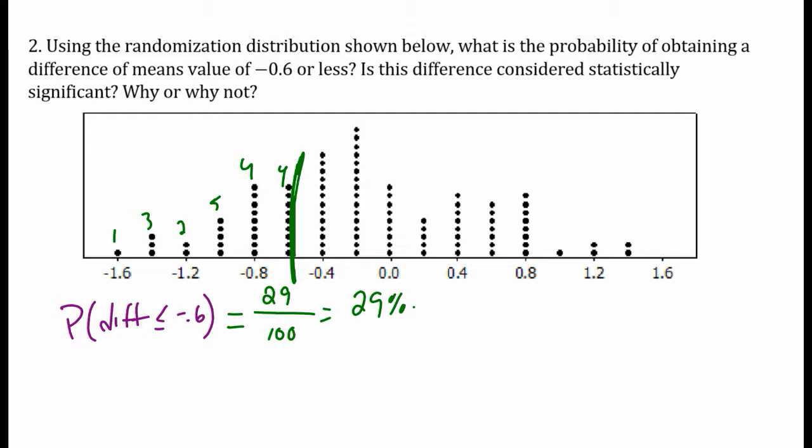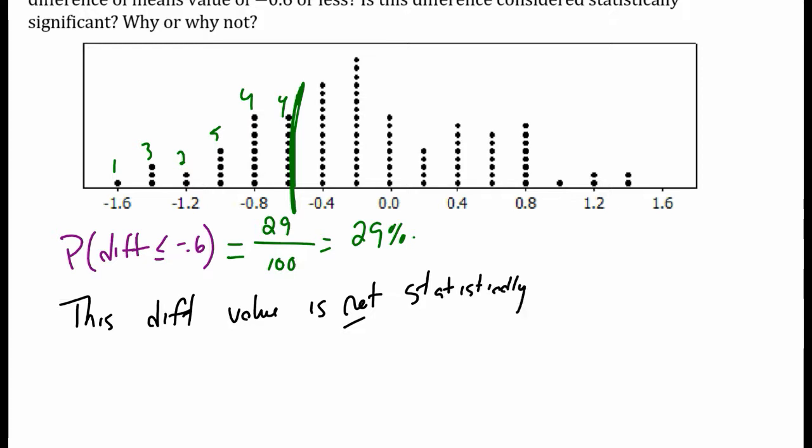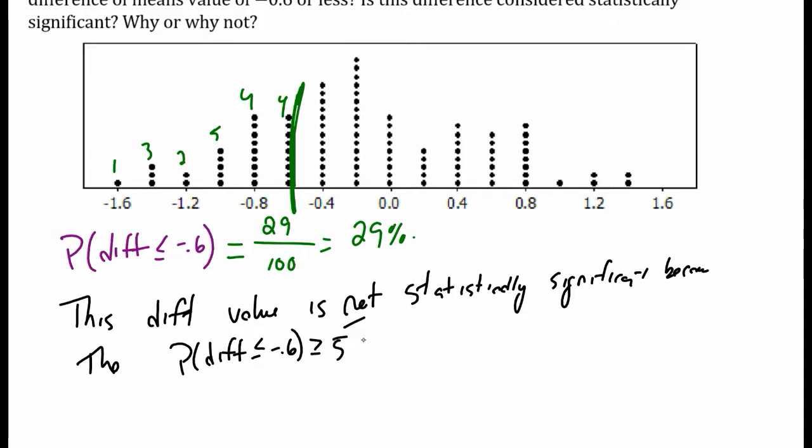So is this statistically significant? This diff value is not statistically significant, because the probability of getting a difference that's less than or equal to negative 0.6 is bigger than 5%.